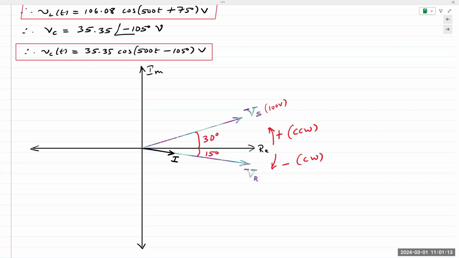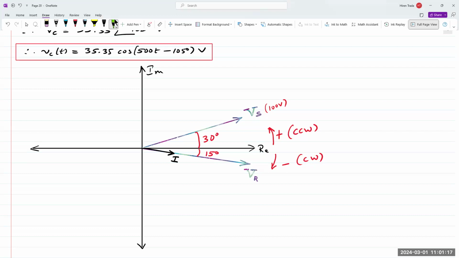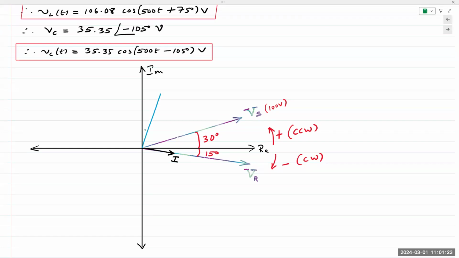Let me plot out the other two. In blue, I'm going to plot out VL, the inductor voltage VL, which has a phase angle of 75.